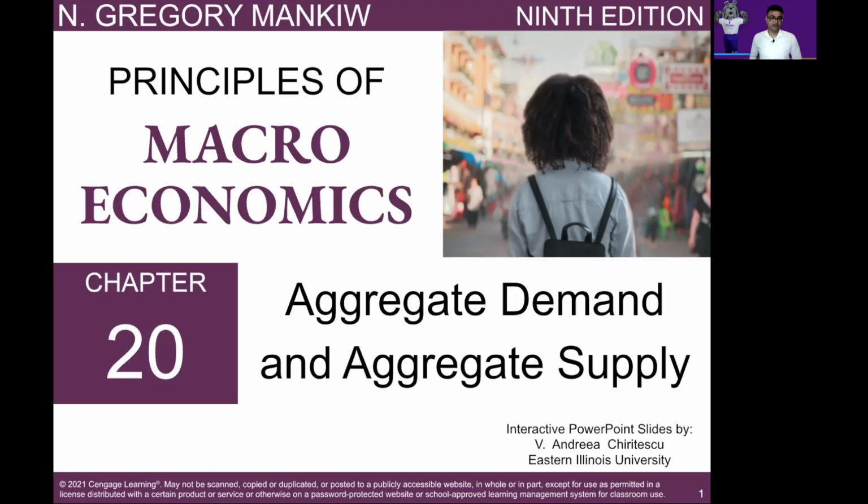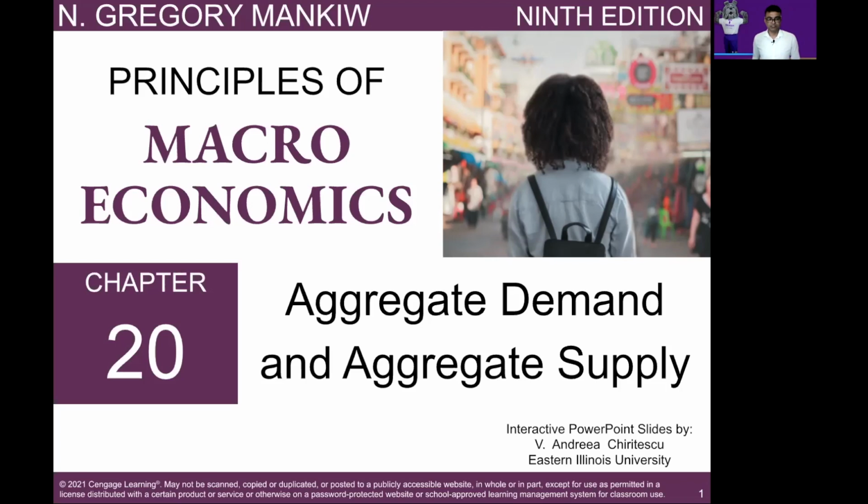Most students find this to be one of the most challenging chapters in the textbook. However, much of the material here we already studied in previous chapters. For example, the classical dichotomy, the relationship between investment and interest rates, the relationship between net exports and the exchange rate.